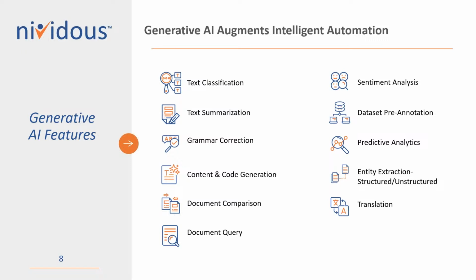You can see some things listed here, but again, this is not an exhaustive list, but things like enhanced document processing and analysis. Generative AI can help to read text, summarize, extract key data points of any kind of text, even when it's not in a structured format.